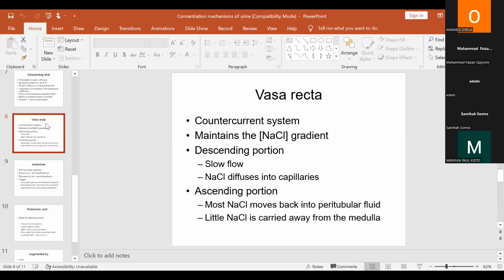So it concentrates the sodium in the medulla. If you are asked, what is the goal of the countercurrent exchanger? It is to maintain a concentrated medulla.